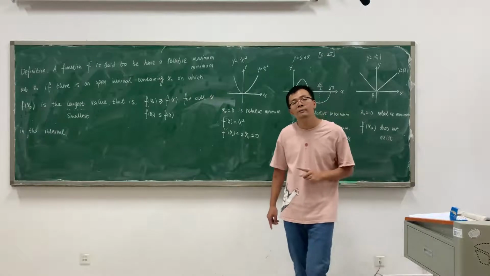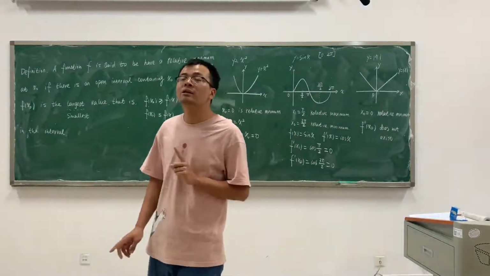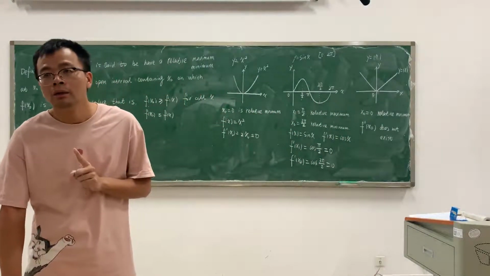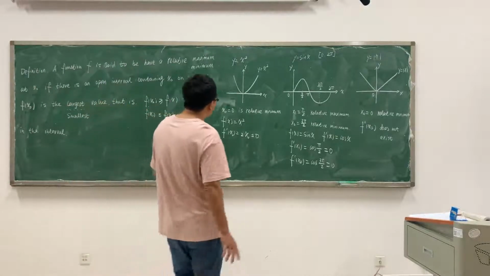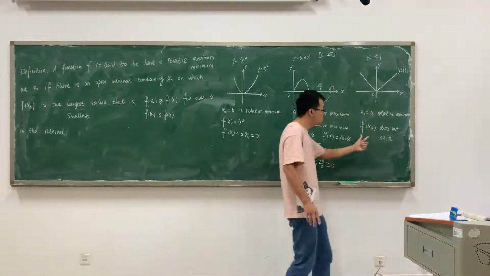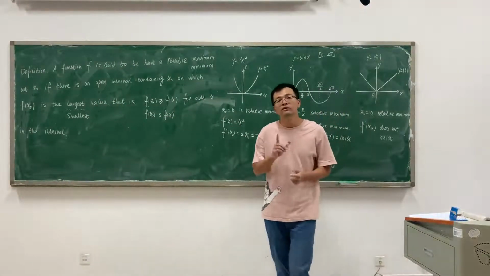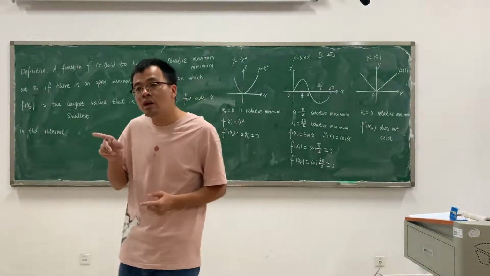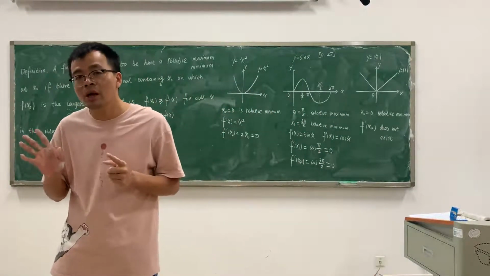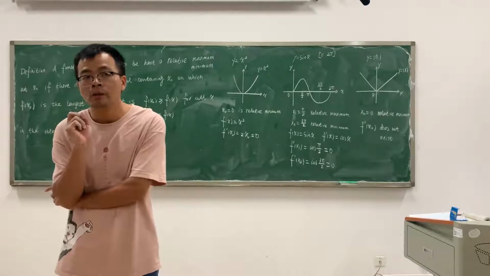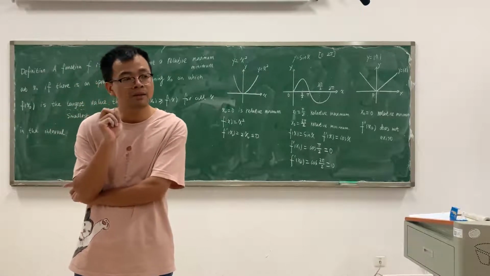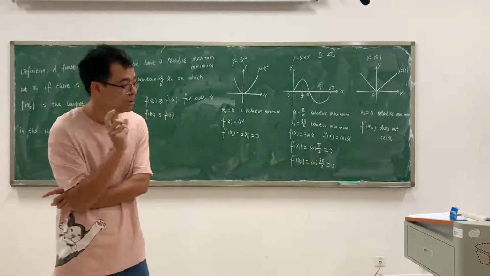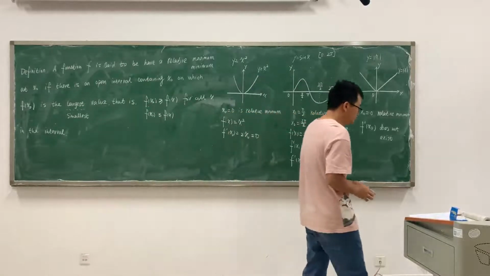So now we need to give a name for this point. For the derivative equal to 0 or the derivative does not exist, we give it a name. In mathematics this name is critical points.